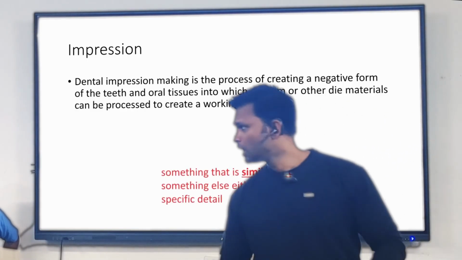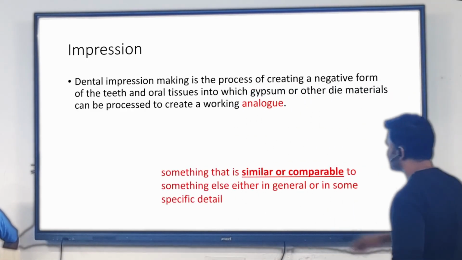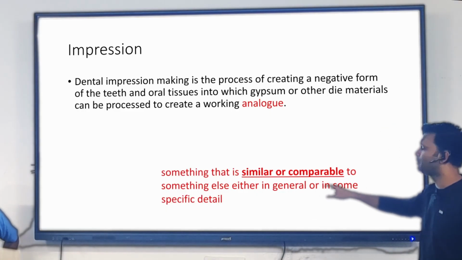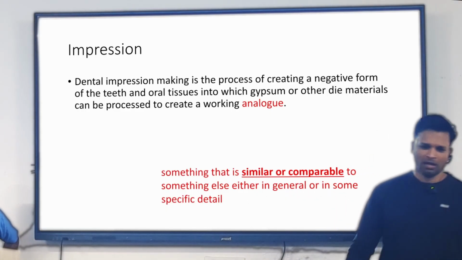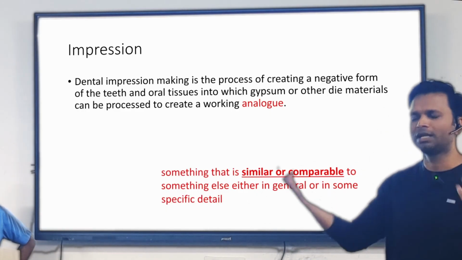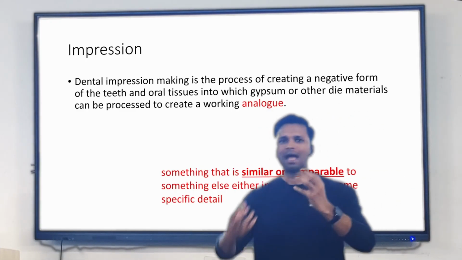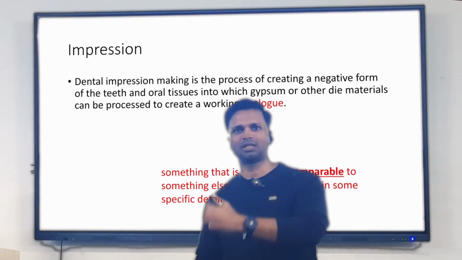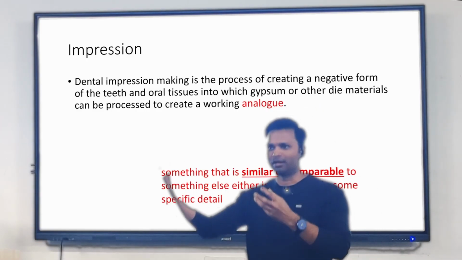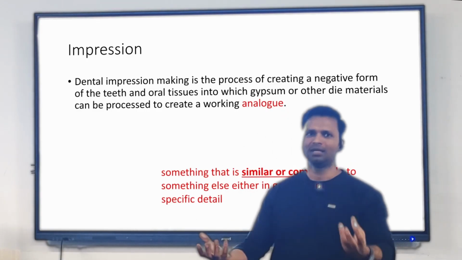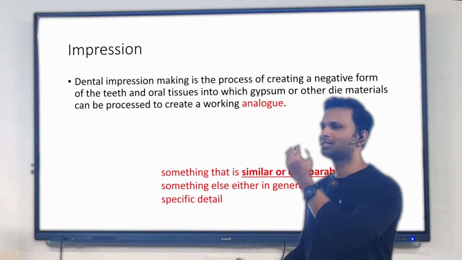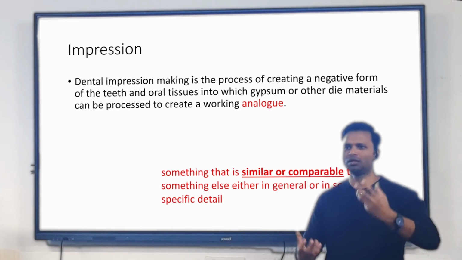Analog by definition is something similar or comparable to something else. Basically, we want to create a replica of the site where the prosthesis is going to be, and the dental lab or the prosthodontist is going to prepare the prosthesis on that analog, and then send the prosthesis to you, and you place it in the patient's oral cavity on the teeth.